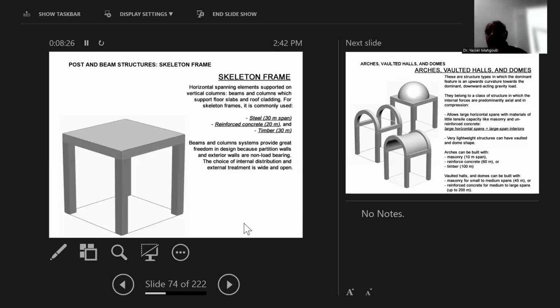So we start to have large spans. This is the case in your project. You have large spans. You need to use a system that allows you to cover these large spans. The problem is not the load that you carry to the ground. The problem is how to cover the space that you want for the exhibits.